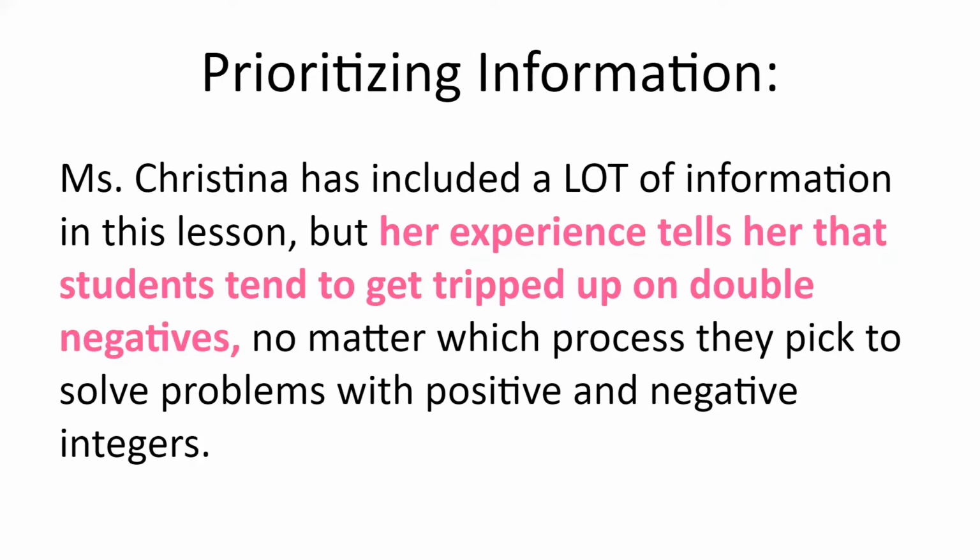Prioritizing information is one of the challenges that Miss Christina faces as students process information. But her experience allows her to make a strategic choice. She knows that students are likely to get tripped up on double negatives. She's given them these multiple pathways for success.